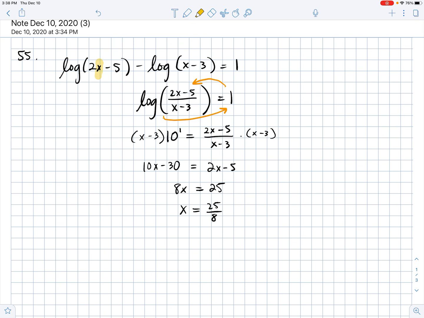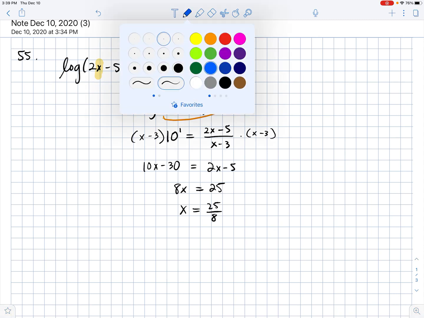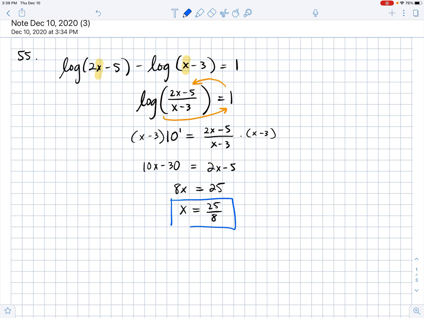And then 25/8 is, like I said, 3 and an eighth, so minus 3 would still be positive as well. So this works. Yes, this works, and that is our final solution. Here, I'll box my answer.